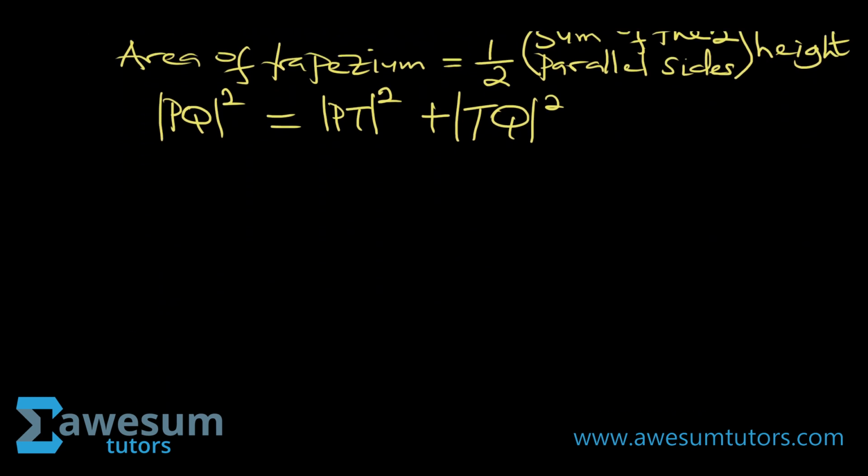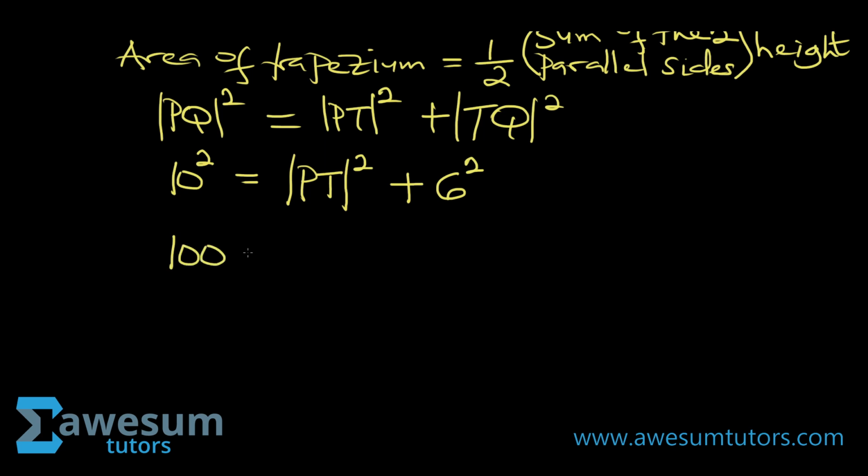So PQ, we said, is 10 centimeters, squared, equals PT, that is what we are looking for, squared, plus TQ, which is 6, squared. Now 10 squared gives you 100 equals PT squared plus 6 squared, which is 36.